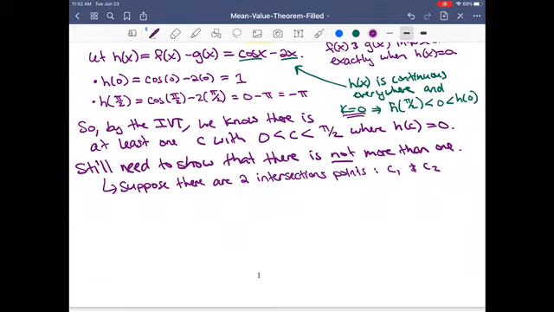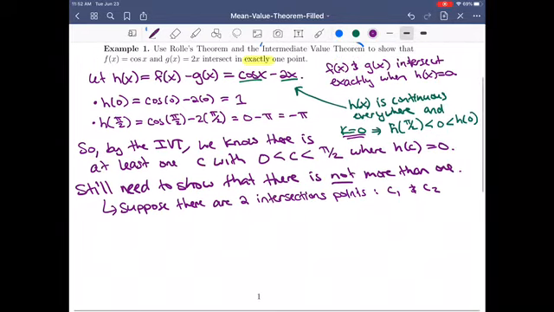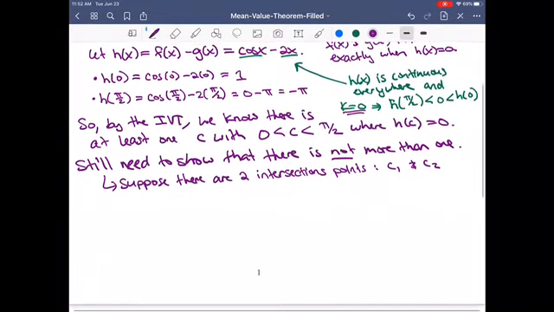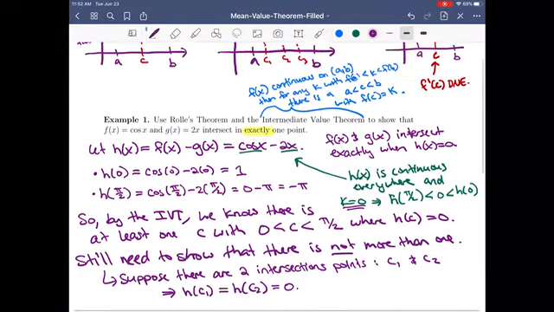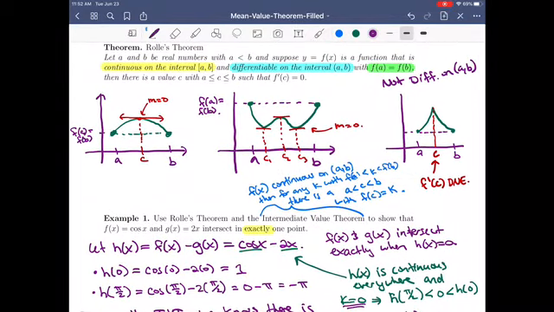So our function's continuous. If there are two intersection points, that means that h of C1 is going to be equal to h of C2. They're both going to be 0, in fact. So if we look at Rolle's theorem, our h of x is definitely continuous on the interval between C1 and C2 because it's continuous everywhere.